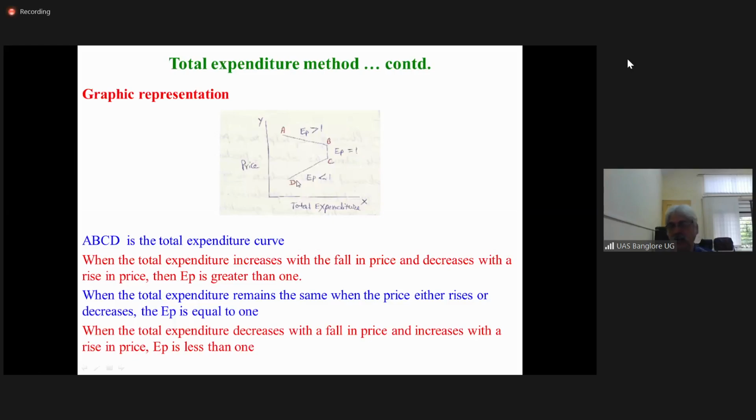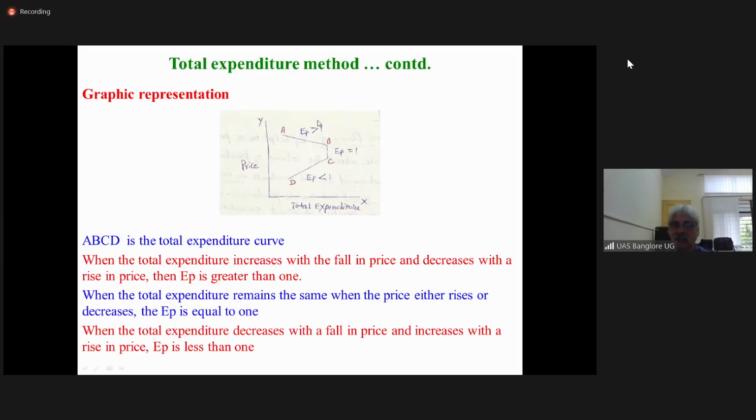And in the third part, when the price falls, the total expenditure decreases. See here, suppose the price is here, and then the price comes down, then your total expenditure decreases.